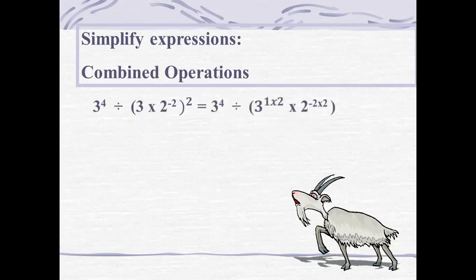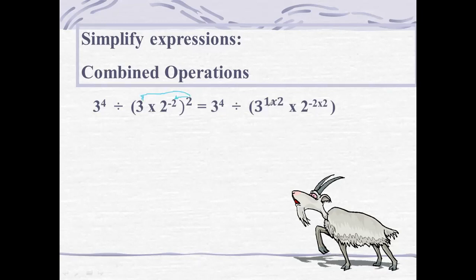Here, if we simplify this operation, take note you have 3 to the power of 4 divided by 3 times 2 to the power of negative 2, raised to the power of positive 2. So that is a power raised to another power. That means 3 exponent 4 divided by 3, take note we multiply the exponent if that is raised to another power. So 1 here, and then distribute also that there.